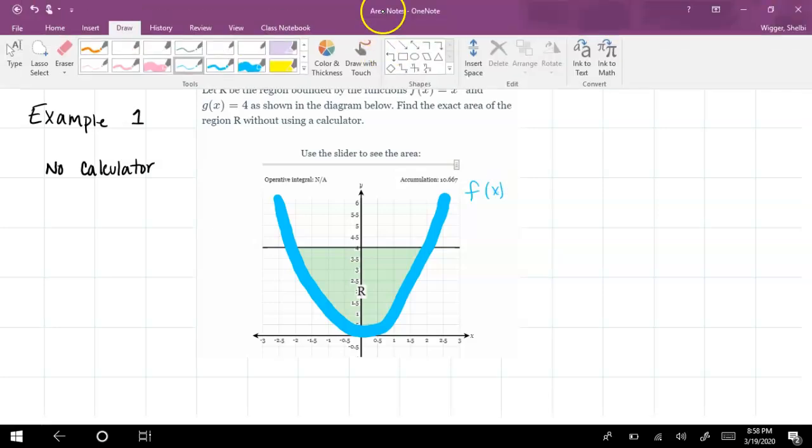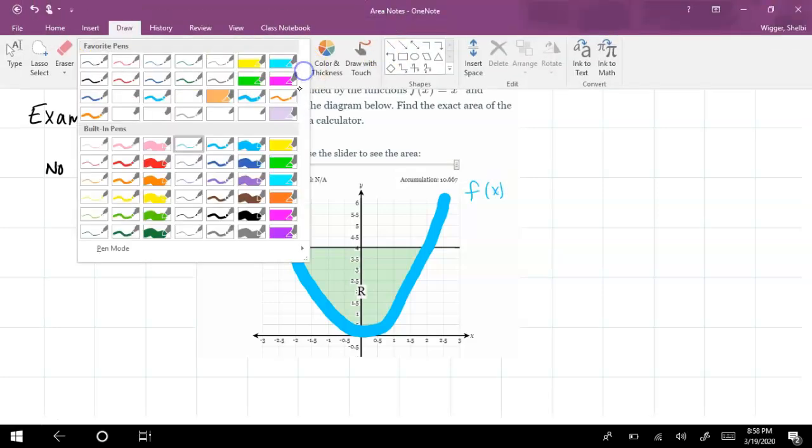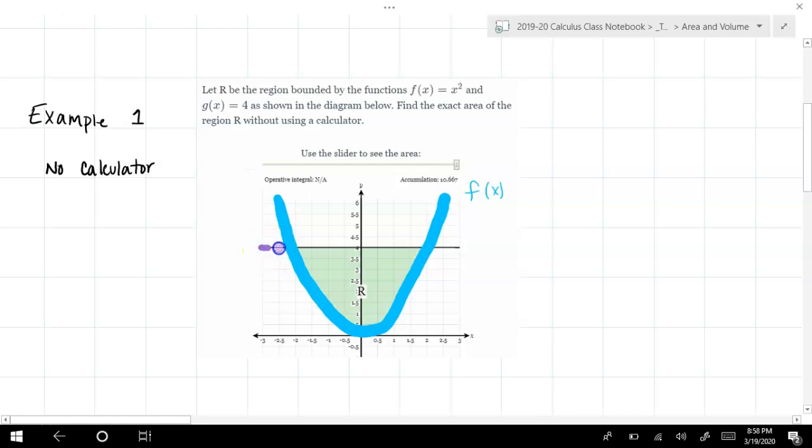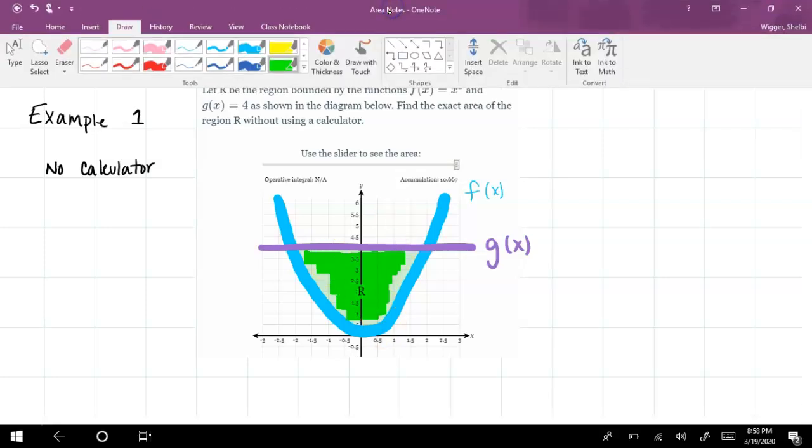And g of x equals 4, that's a straight line through y equals 4. So now, only looking at the region R, we can see that g of x is above f of x in that whole region R.